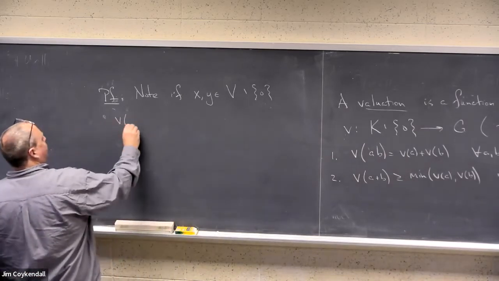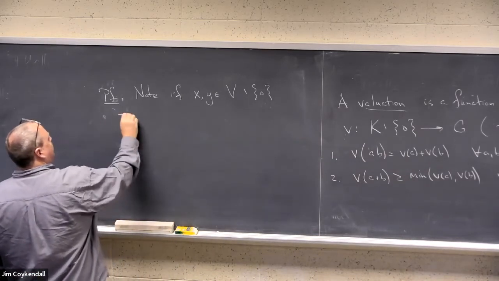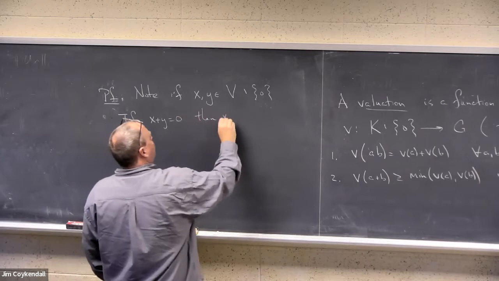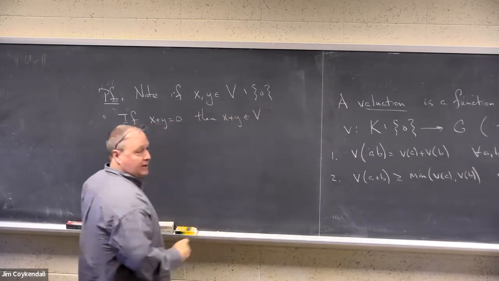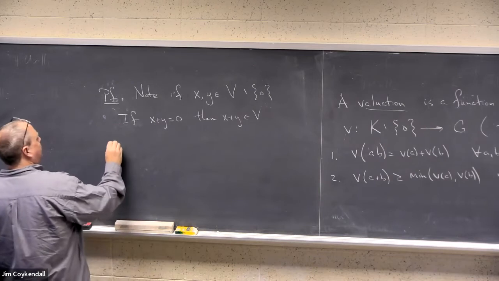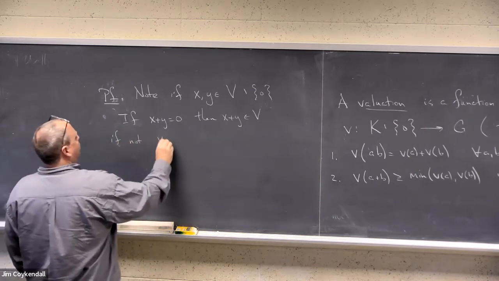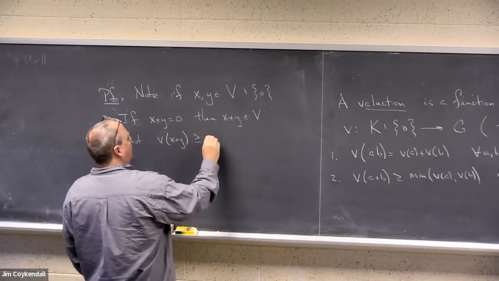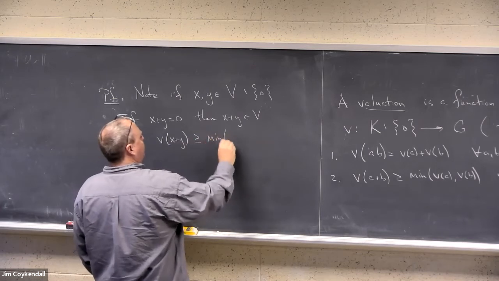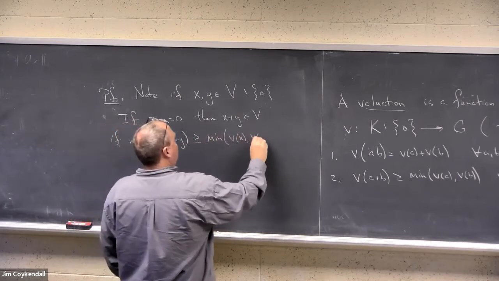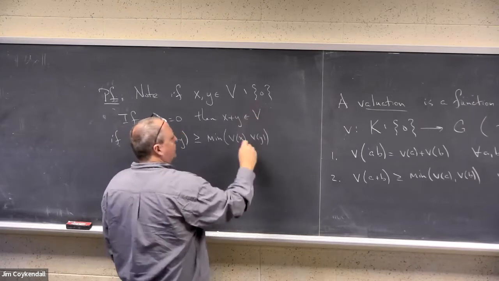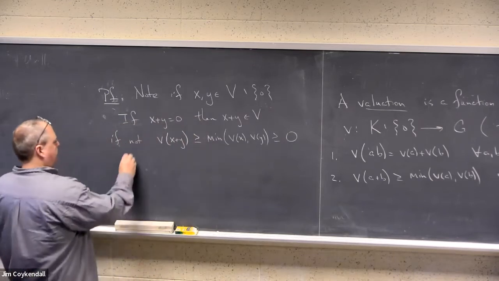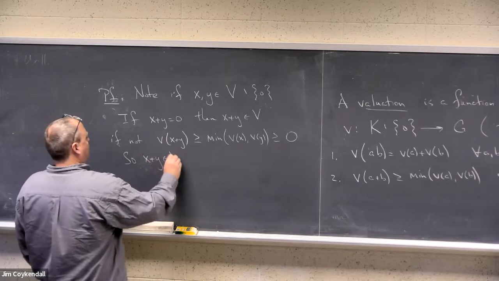Then if X plus Y is 0, then X plus Y is in B by definition, and if not, then the value of X plus Y is greater than or equal to the min of value X, value Y, and since neither of these are 0, this is greater than or equal to 0, right?